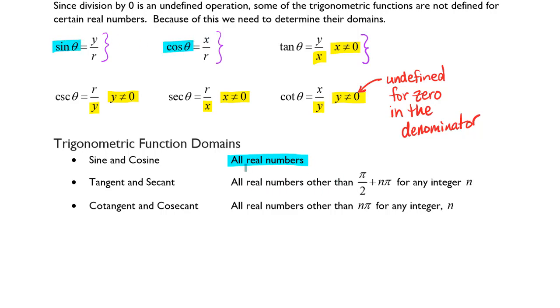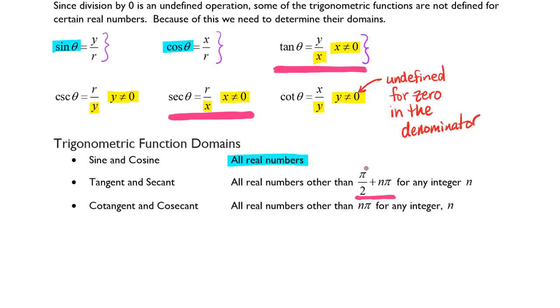It's all real numbers. But tangent and secant, we'll go ahead and underline these in bright magenta, or I think that's magenta. And so tangent and secant, those have all real numbers other than pi over 2 plus n pi.